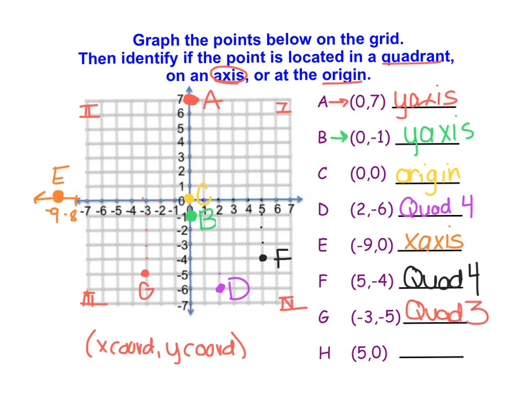And then finally I go to where x is 1, 2, 3, 4, 5, y is 0, so that is point H, and I notice that that is on an axis and it's specifically on the x-axis. So this just comes down to slowly finding where the x-axis point, the first point, aligns with the y-axis point, which is the second point, and plotting it with a good label and finding its location.